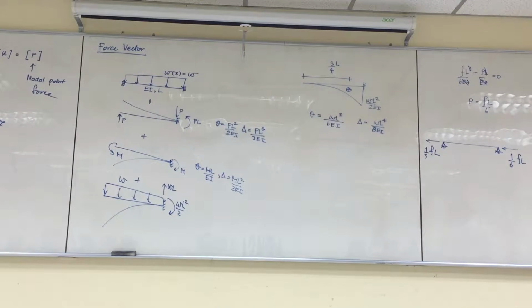So, in your basic case, we consider the centroid distance from the support. Now we are considering from the opposite. This is 3/4 of L, the centroid distance.